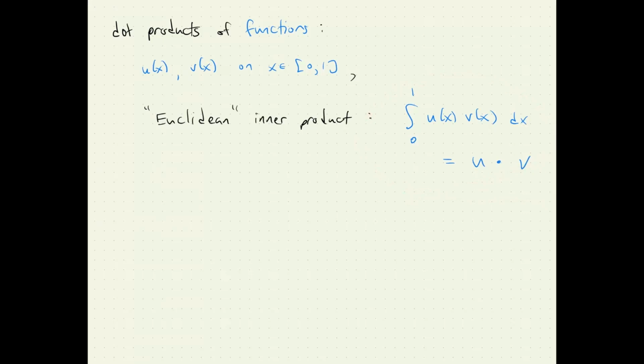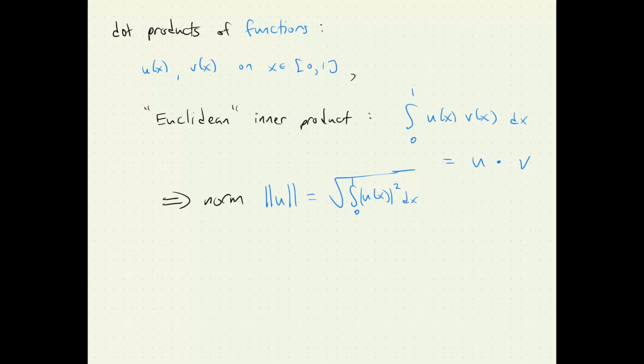Once you have a dot product, then of course we have a norm. The norm of u is just the square root of the integral from 0 to 1 of u of x squared dx. I don't need absolute values here because everything is real right now. If they were complex, I'd be putting complex conjugates over one of these.